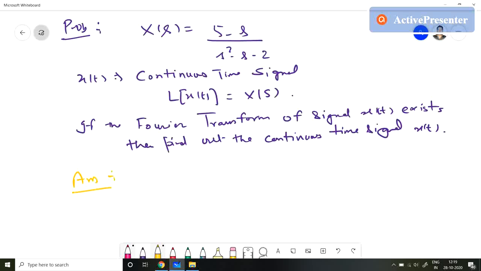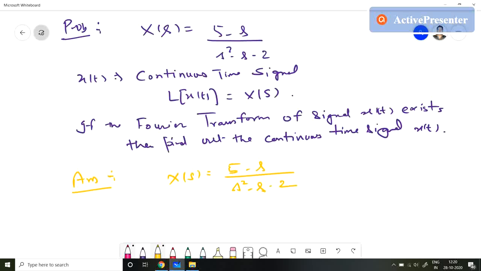So let us solve this problem. So X(s) is given. So what is X(s)? X(s) is (5 minus s) divided by (s square minus s minus 2), and it is given that the Fourier transform exists.